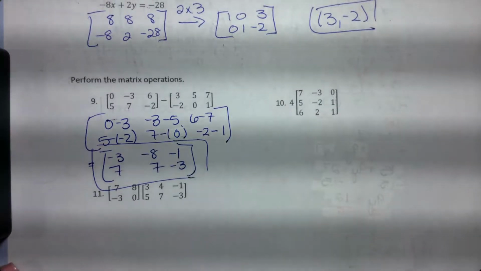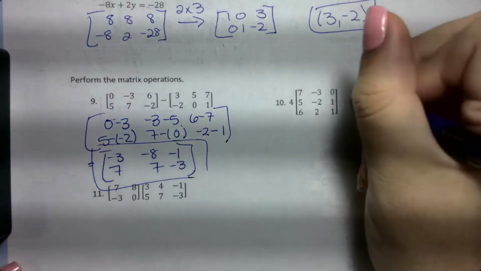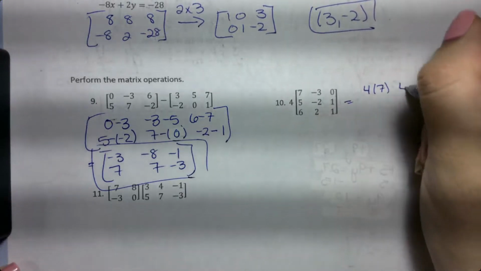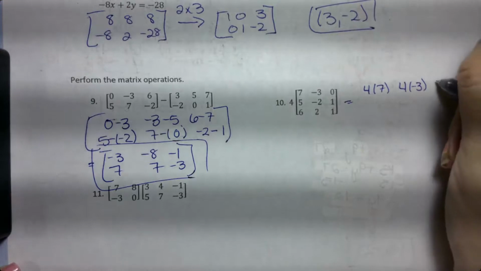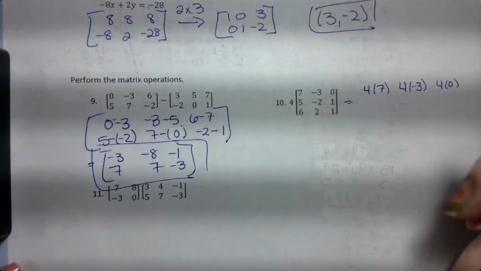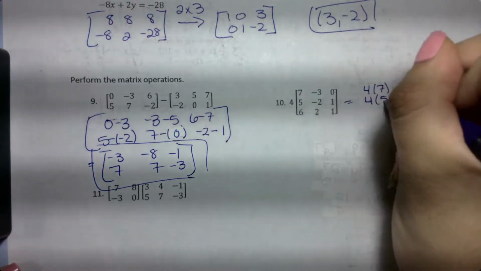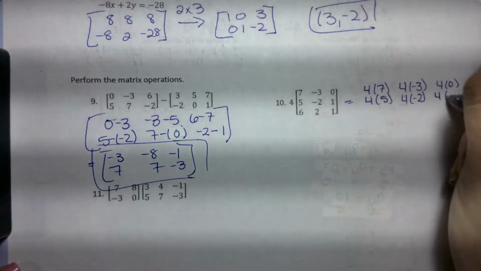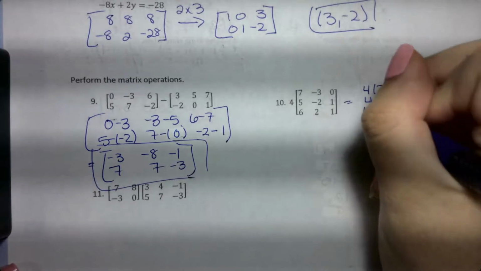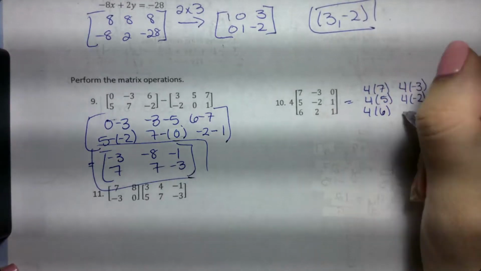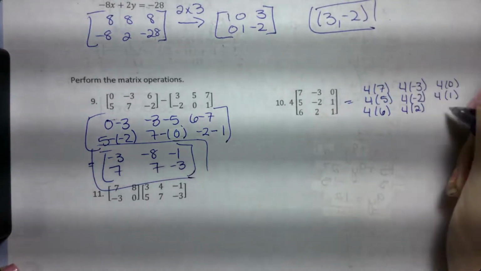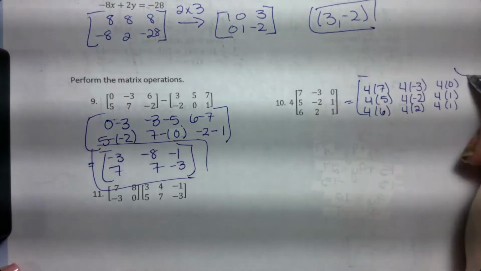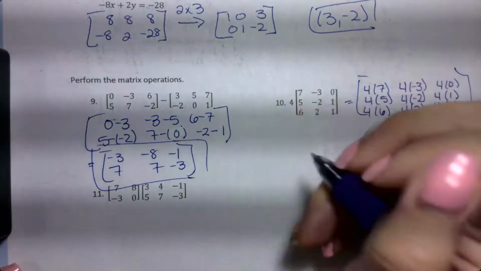On number 10, I'm doing scalar multiplication. So each of my terms is going to be multiplied by 4. So I'm just going to go ahead and start off by writing each of those terms multiplied by 4. Then I just want to actually multiply those out.